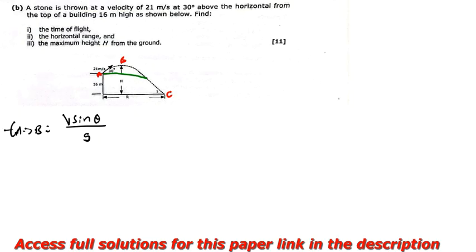So the second equation of motion is going to work, where we say the displacement is equal to V initial times t plus half gt squared. But we should note that the initial speed is 0, so this is going to be cancelled out. S is h. Okay, so I end up having this.